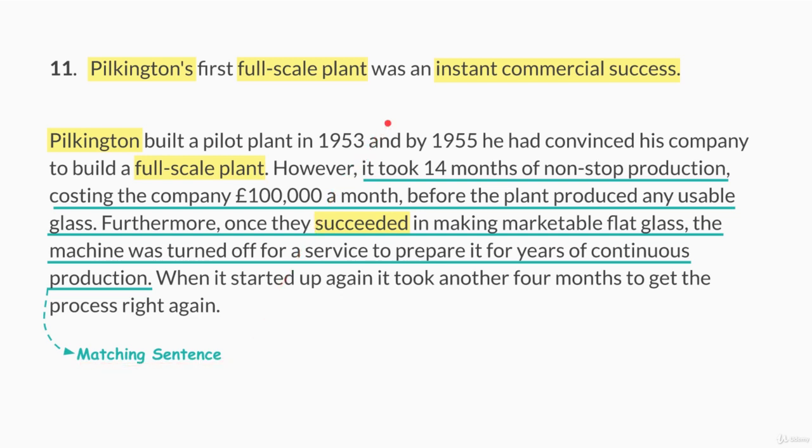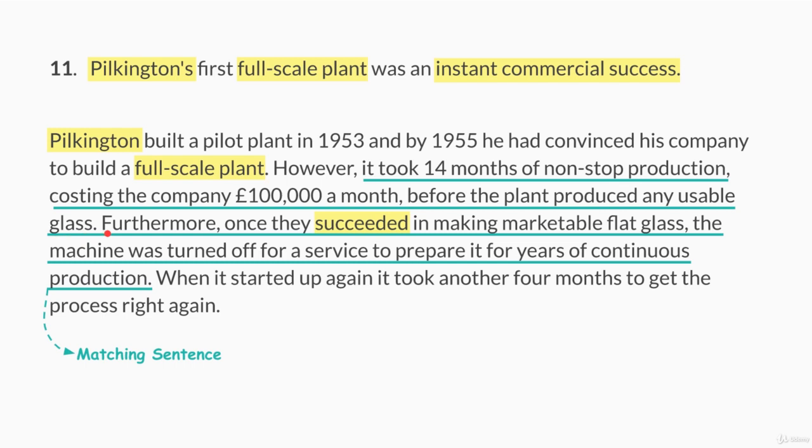So let's start reading, and I'm going to read from here. However, it took 14 months of non-stop production, costing the company £100,000 a month. So we already know that it took the company 14 months of nonstop production to even have anything usable. It says before the plant produced any usable glass.